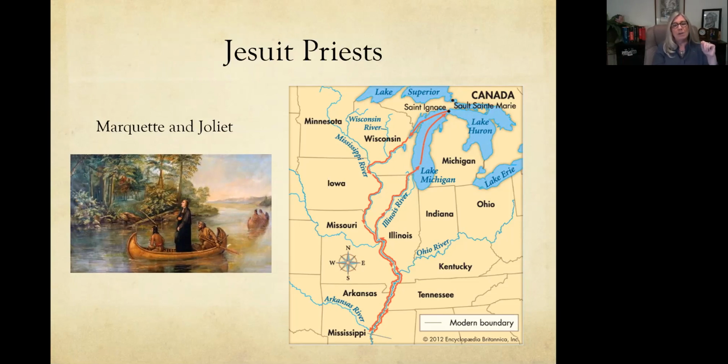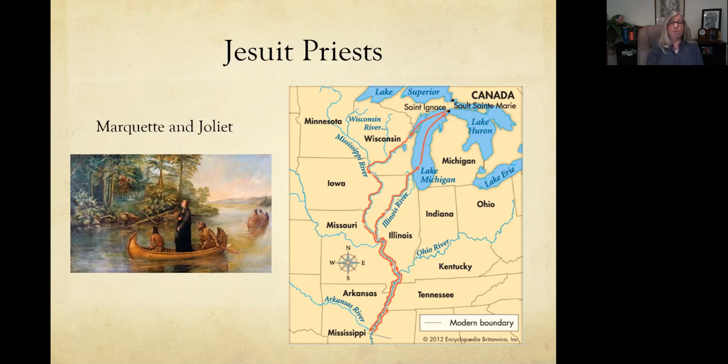Well, as they're interacting with the natives, in the back of the minds of these French explorers, they're still curious about whether or not there's this Northwest Passage. And so the Indians keep talking about, oh, there's big water to the west. And they're like, well, maybe this is the Northwest Passage.